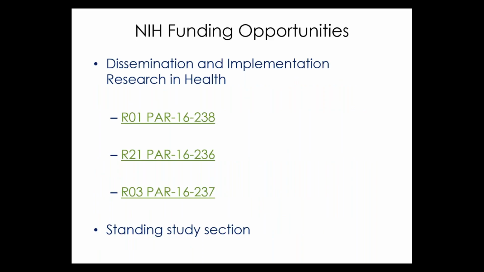There are funding announcements. There is dedicated funding on different mechanisms from NIH. These cross institutes, so these are not only related to diabetes and obesity, these could be in cancer, these could be in heart disease. And so here's one listing of program announcements. There is a standing study section that focuses on D&I research and health.